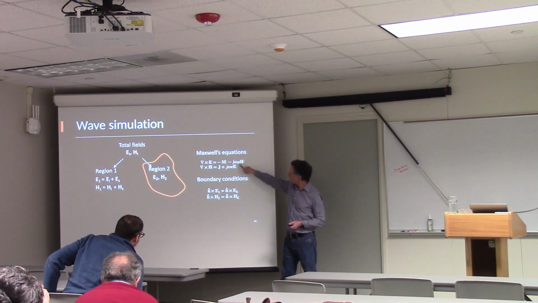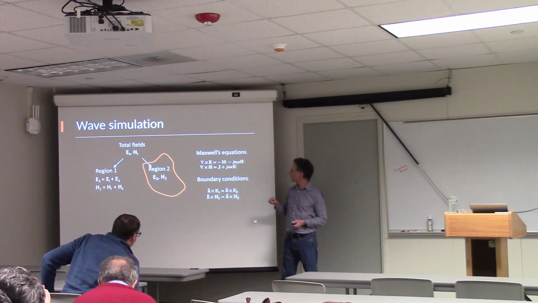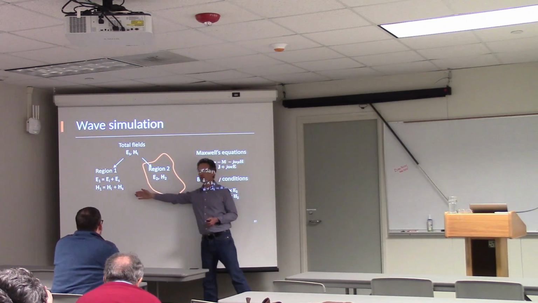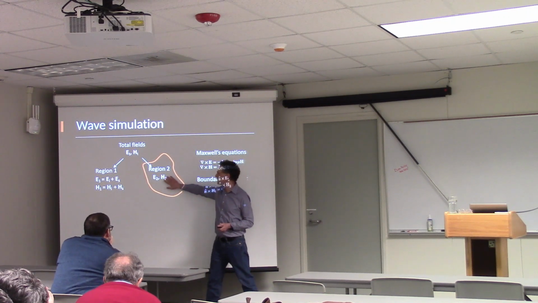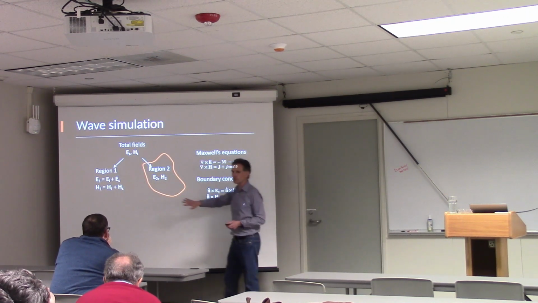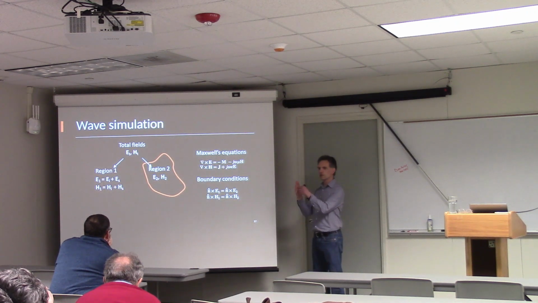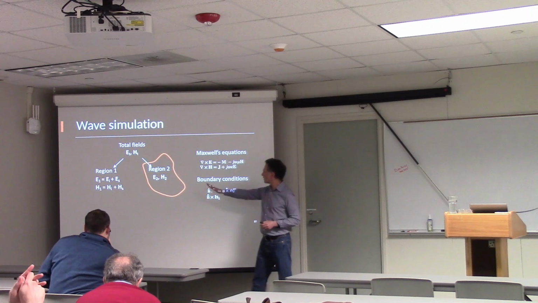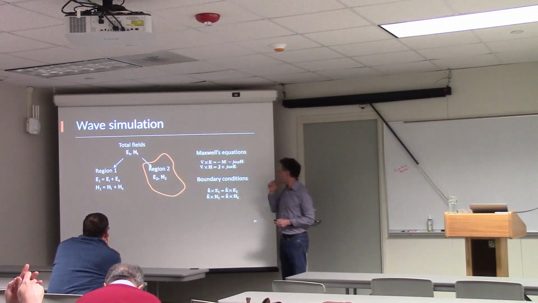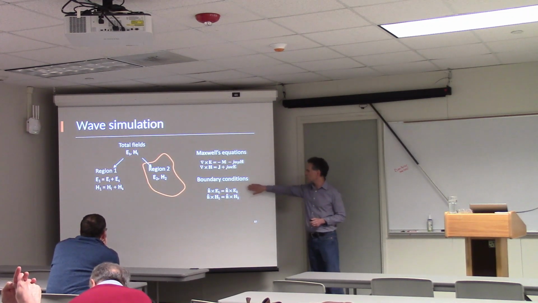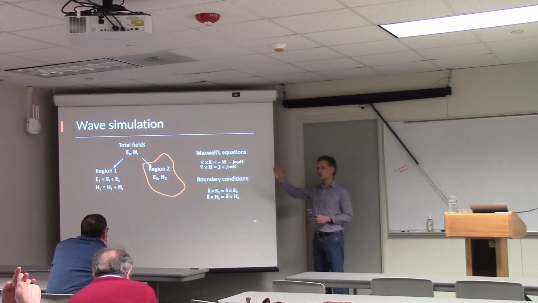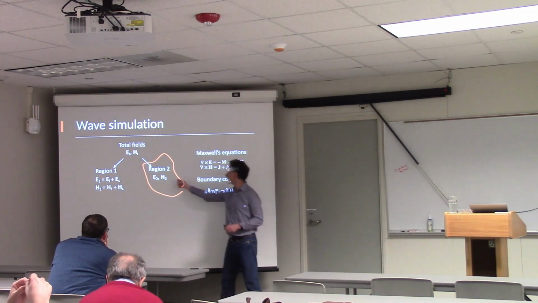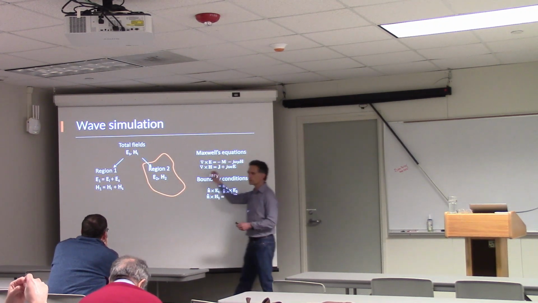You'll notice that these equations have mu and epsilon in them. Mu and epsilon are material parameters that are different between the two regions. So the equation that holds in here and the equation that holds out here are slightly different, and we can expect to see a discontinuity across the surface. That discontinuity across the surface is governed by some boundary equations that insist that the tangential components of these fields are continuous across that interface. Here, E1 and E2 are like the limiting values of the fields as you approach from the two sides.